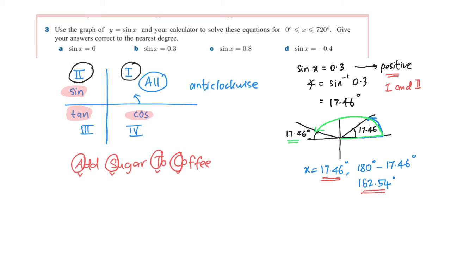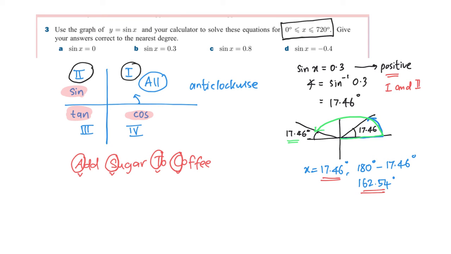The next step is to look at the range for x. For this question, the range given up here is between 0 and 720. A full turn is 360, so it means the angle turns again, completing the second turn.